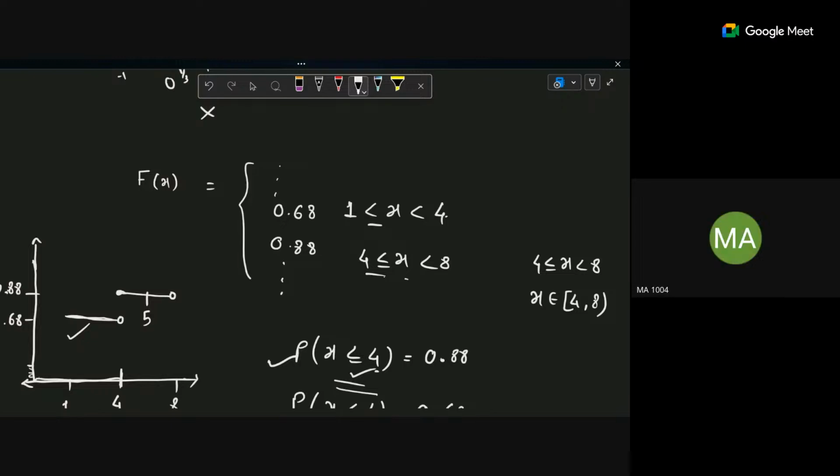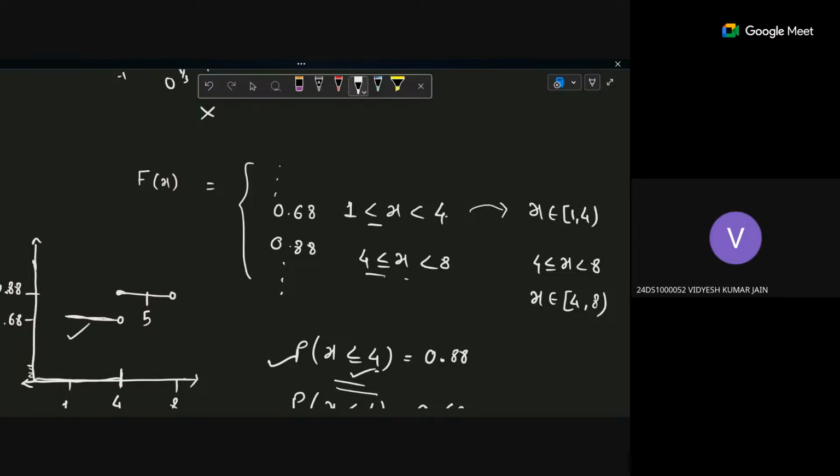Here, if I want to represent this thing, then x belongs to closed 1 and open 4, right? Yeah. It's just a representation. That's why it might look confusing, but it will be helpful if you convert it in this format.